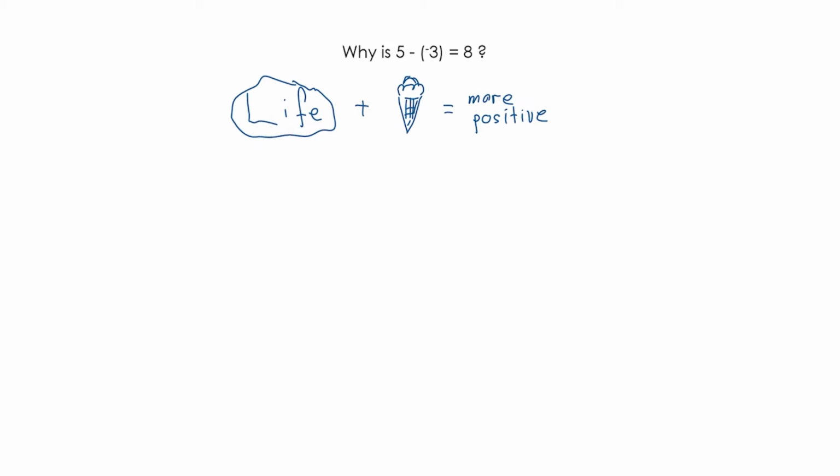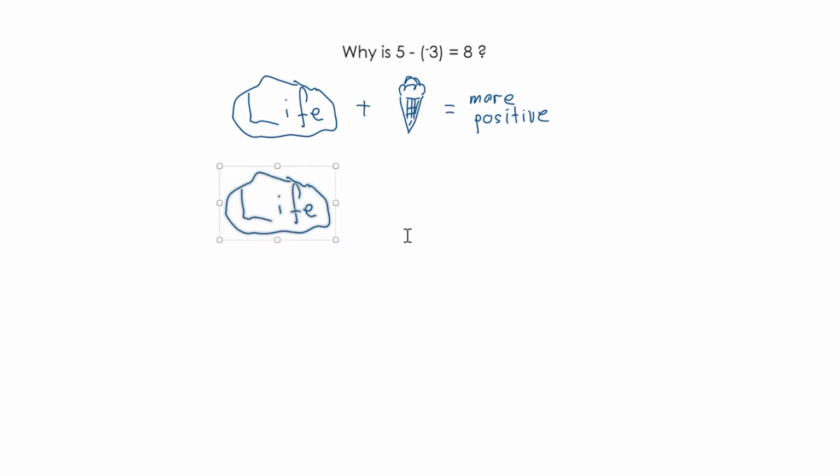Now, if you take the very same life, I'll just copy that life to show you that it's exactly the same life. Nothing extra, nothing less. And now you add into it something negative. So let's say you played football and you hurt your leg, and so now it's got a cast.